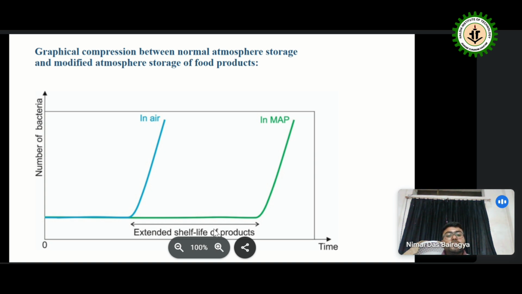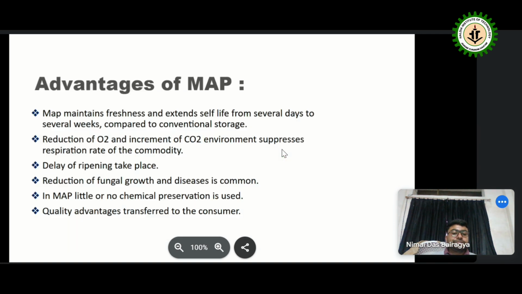So shelf life in modified atmosphere packaging increases. If we talk about the number of days, many more days of shelf life are gained than with the traditional method of storage. So modified atmosphere is far better for increasing the shelf life than the traditional method of preservation of food products.